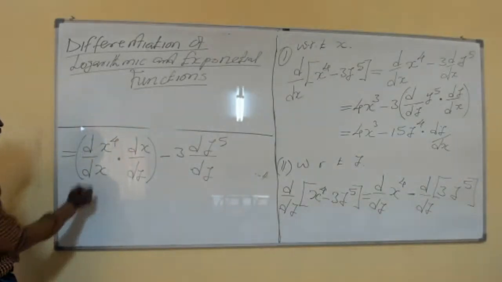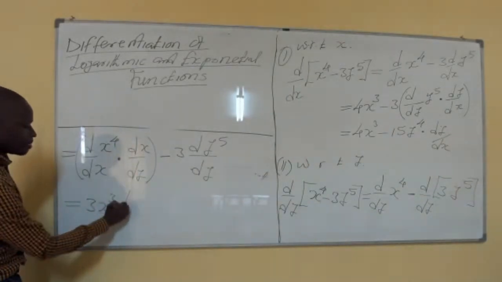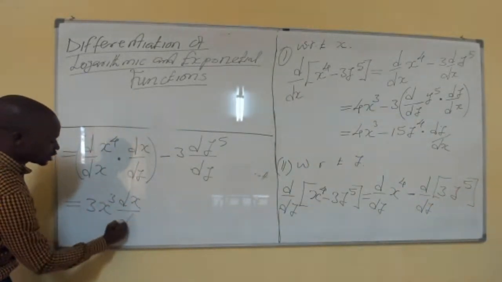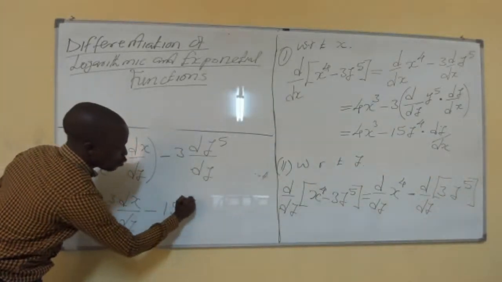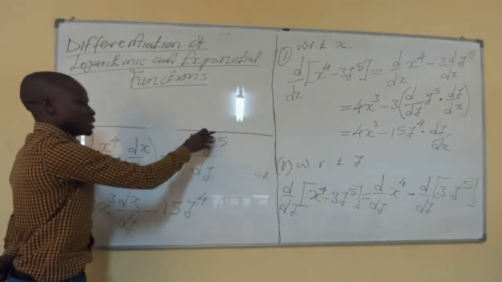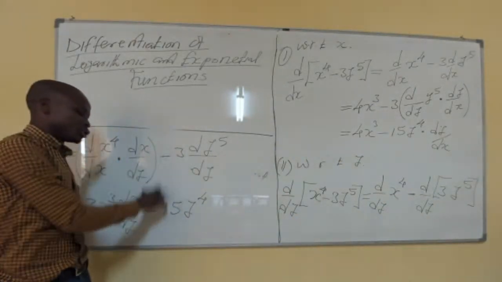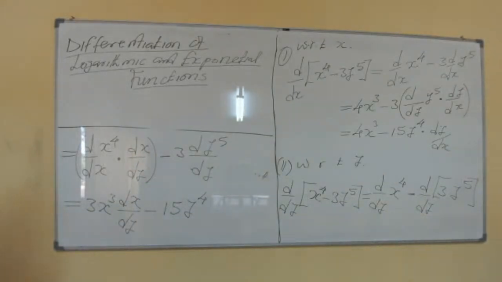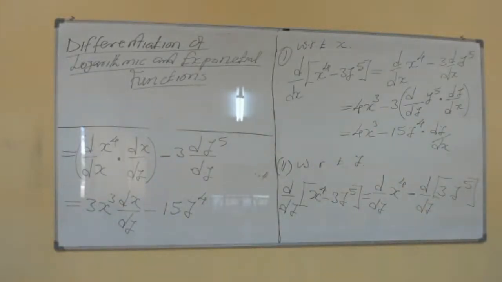This will give us 4x^3, the derivative of x with respect to y, minus 15y^4, because the derivative of y^5 with respect to y gives us 5y^4, 5 times 3 to give us 15. I hope I have answered your question. So this is how you need to recognize which part to differentiate using the implicit method, and which part to use the explicit method.